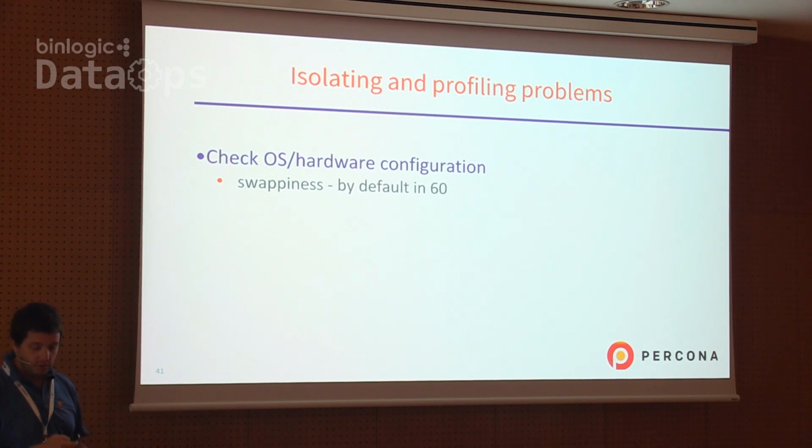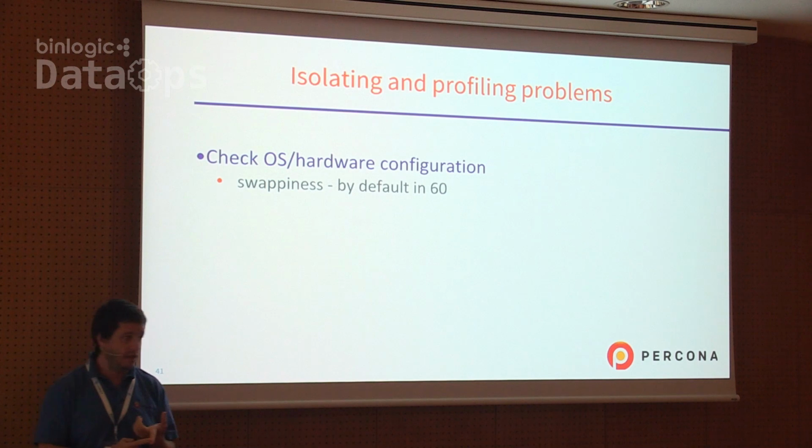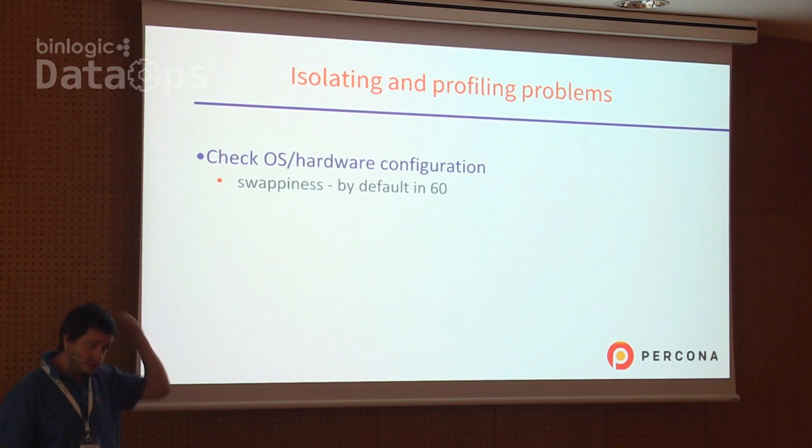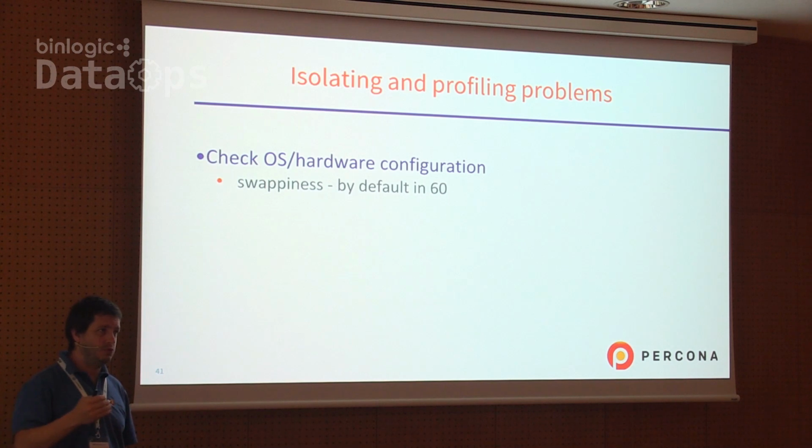Okay, for OS configuration, swappiness. The default in most distributions, let's say CentOS, Red Hat, Ubuntu, Debian, is 60. It's super high, super conservative. Swappiness is the value that sets the tendency of the operating system to move pages from memory to disk, okay?